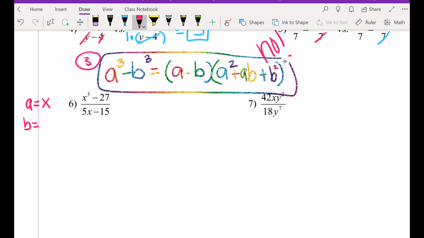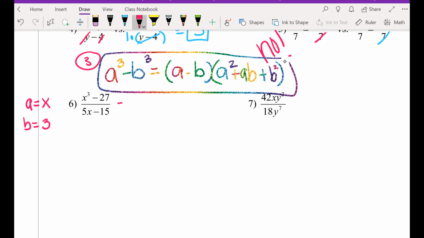B will be equivalent to what, Delaney? Not a negative, just 3. The formula is a cubed minus b cubed.